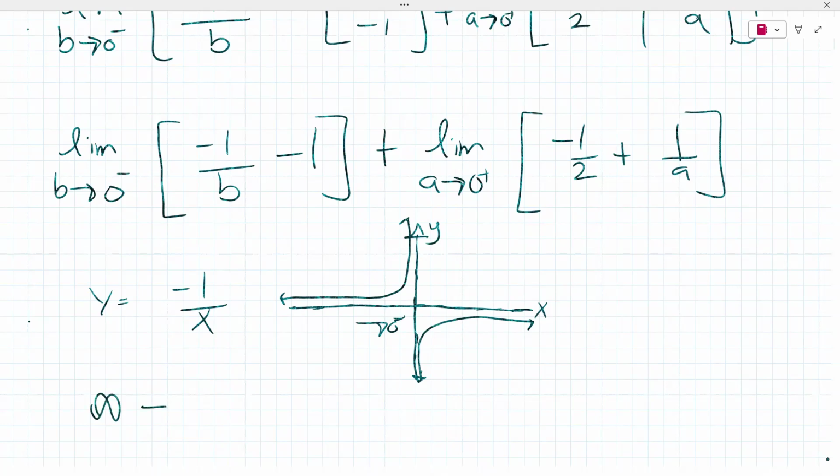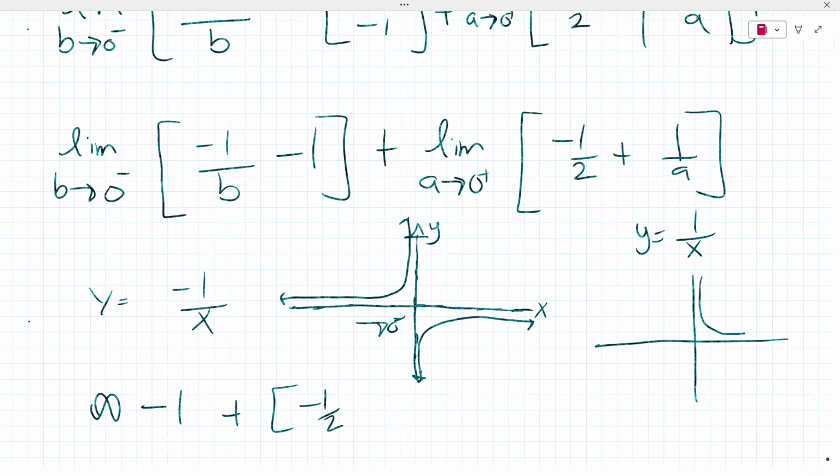And then you still have this minus 1 plus negative 1/2. This is this graph. Now what about this graph, y equals 1 over x? That graph looks like this. So as 0 goes to the right, the y value shoots up to positive infinity.